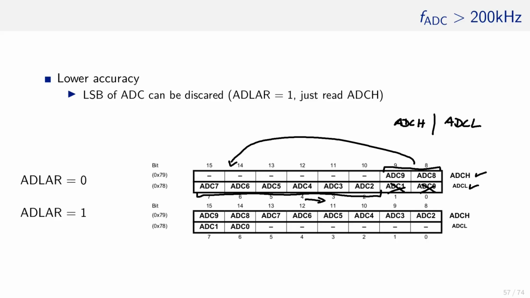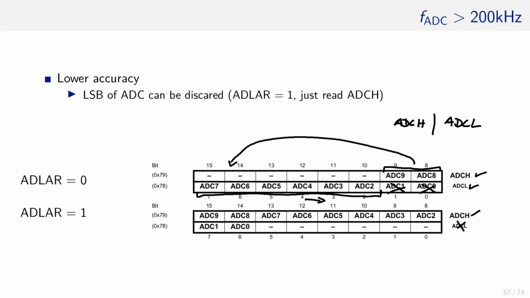However, if I set ADLAR to 1, then I just need to read ADCH and can forget about anything that is in ADCL. I do not need to shift, there is no casting, and there are no multiple reads required from the registers.